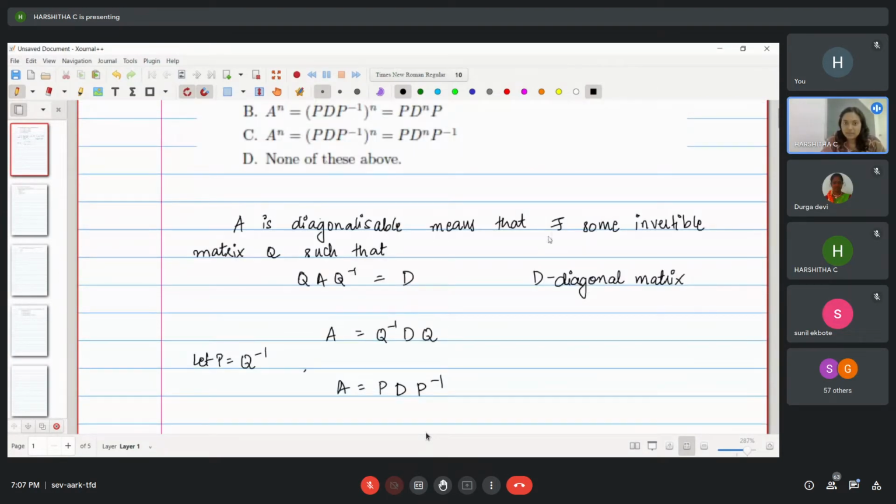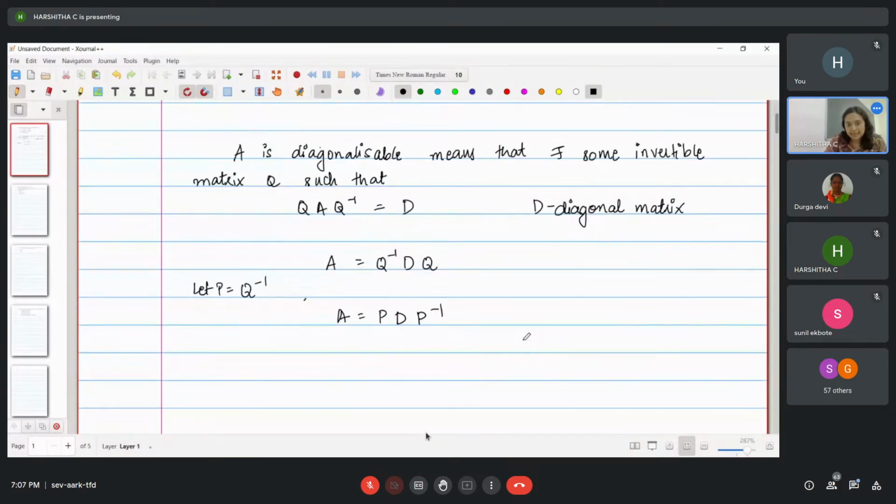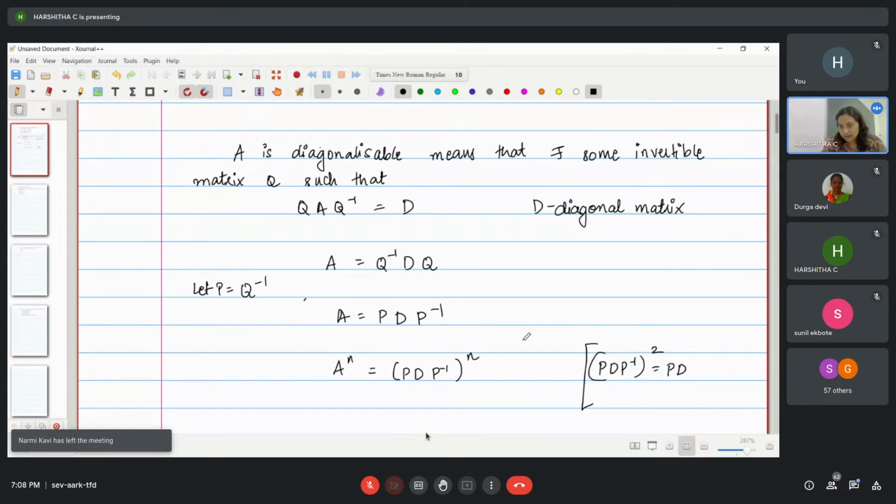Now let's see what happens when you raise it to some power. A power n is P D P inverse whole power n. Let's look at what happens with P D P inverse the whole square. This is P D P inverse into P D P inverse.